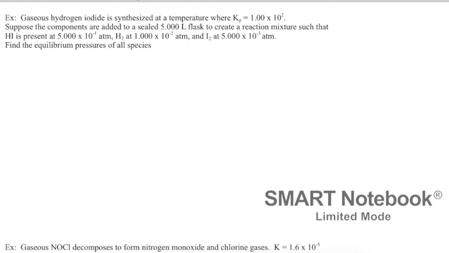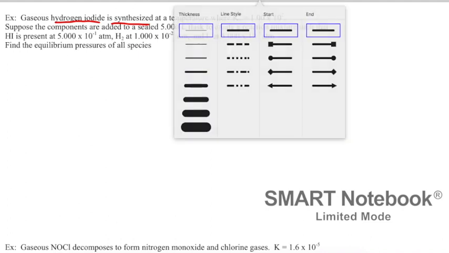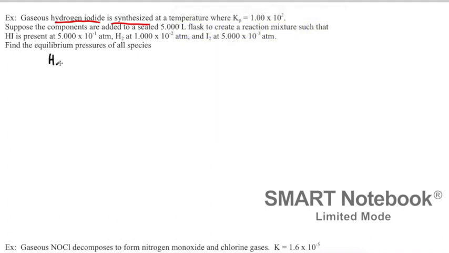So first thing I want to do is get my equation. Gaseous hydrogen iodide is synthesized. So I want the synthesis of this. Obviously, synthesis is making something from its parts. So hydrogen gas, iodine gas, to form 2 moles of HI, kind of similar to my last one. I'm going to go ahead and write a K expression.